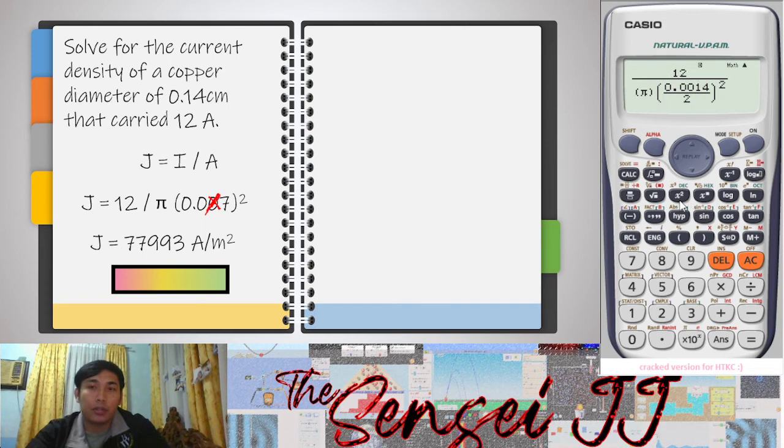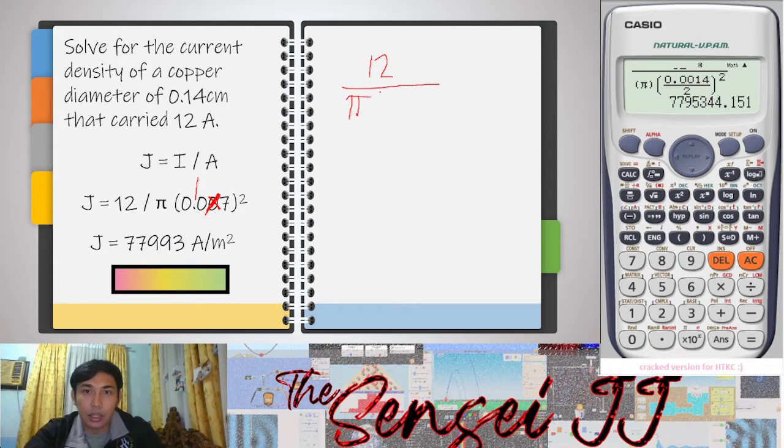for our radius. So we will be having the answer of, okay, so we have a little mix up here. Okay. So here is our solution. So here we have 12 divided by pi all over 0.0014 all over 2, squared.